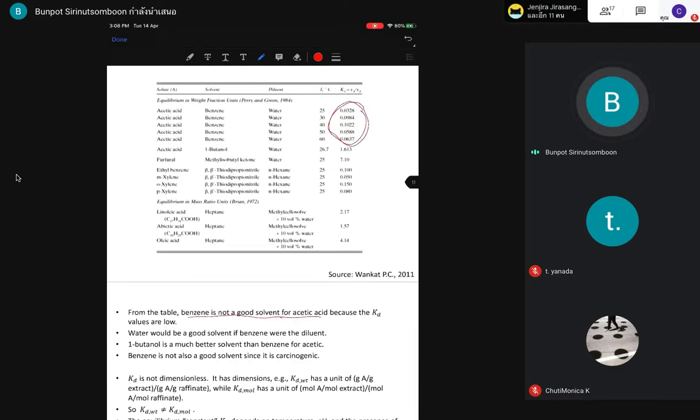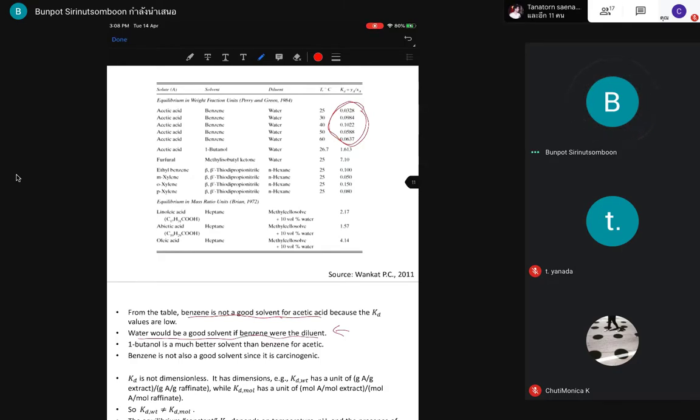But then for water, it's going to be the opposite. If the KD values are small when we use benzene as a solvent, then the opposite will be true: water would be a good solvent if benzene were the diluent instead.